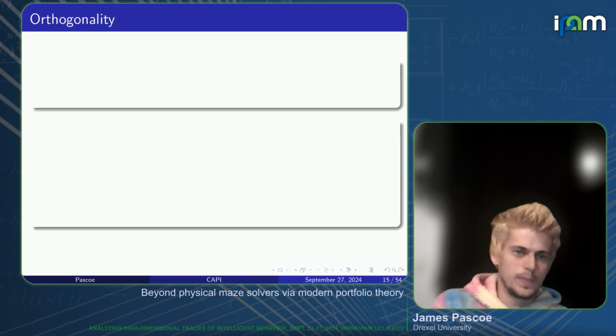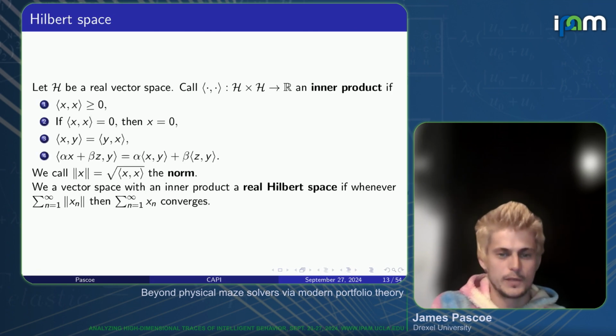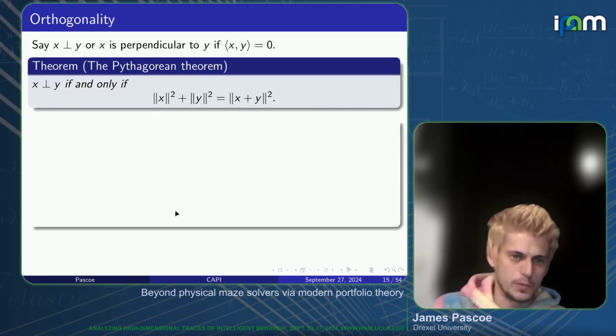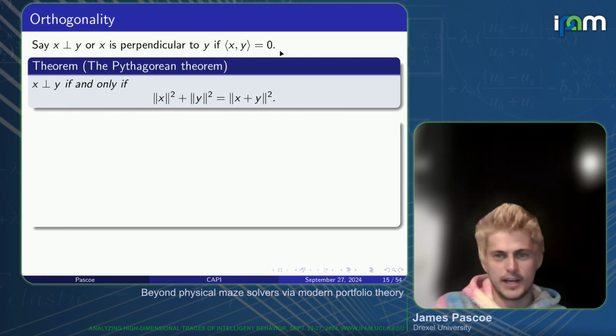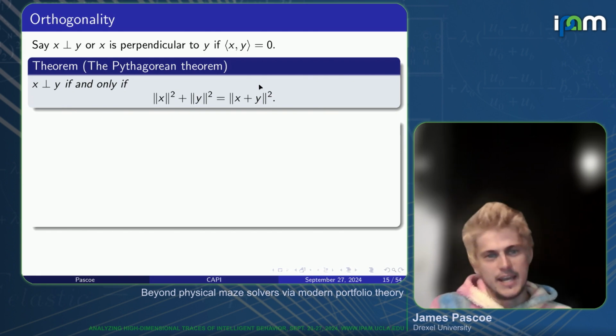Okay, so let's take these axioms for an inner product for a Hilbert space for a spin and prove the Pythagorean theorem. We're going to define perpendicularity to be saying that their inner product is 0. The point is that x is orthogonal to y if and only if the norm of x squared plus the norm of y squared equals the norm of x plus y squared.